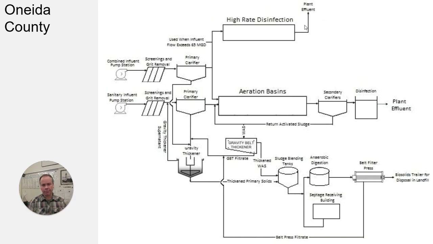What we see in this top version is when there is combined stormwater and sewer water and it overwhelms the capacity of all of this infrastructure, then it can be diverted and go through a primary clarifier and then a disinfectant and then be released. But this does not remove as much of that organic matter as it would if the plant were operating in this mode.